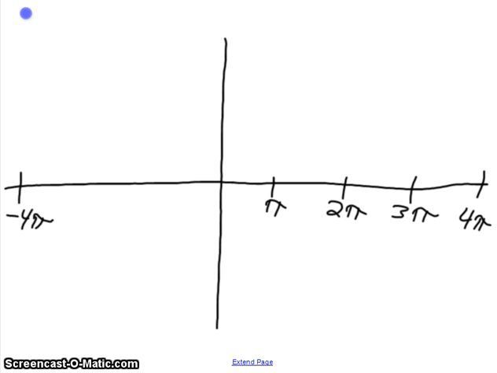Halfway between 0 and pi is pi over 2. Halfway between pi and 2 pi is 3 pi over 2. Halfway between 2 pi and 3 pi is 5 pi over 2. And then halfway between 3 pi and 4 pi is 7 pi over 2.